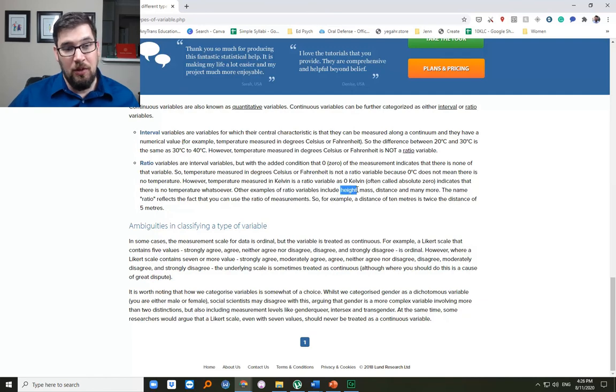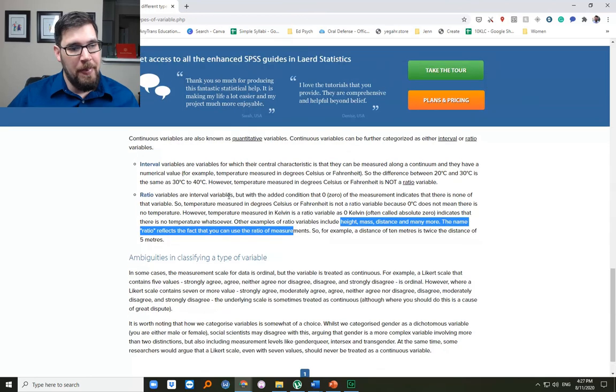Height. How tall is the floor? Well, it is 0 inches tall, because the floor essentially is the absolute 0. Mass. Something has no mass. How far is it from me to my hand? Well, since my hand is included in me, it's 0 distance. 0 miles. The name ratio reflects the fact that you can use the ratio of measurements.